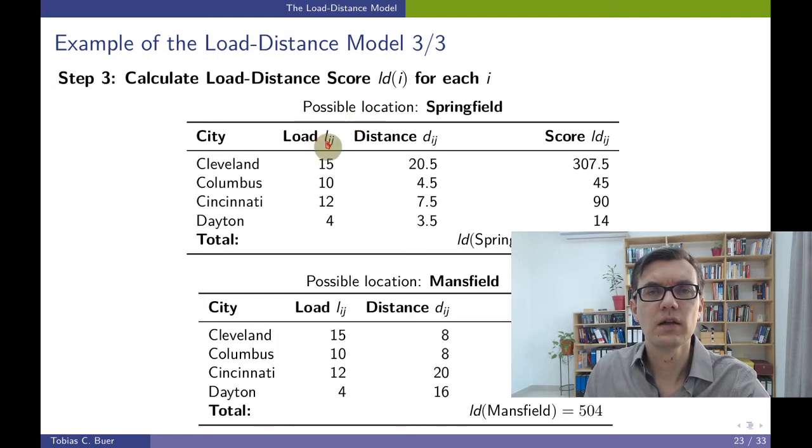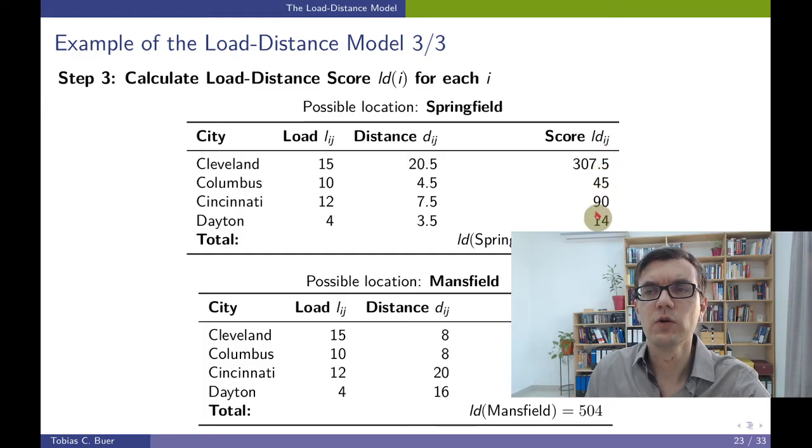We just take the load of the 4 cities and we take the distance that we have calculated in step number 1 and we multiply both. So 15 times 20.5 is 307.5. 4 times 3.5 equals 14.